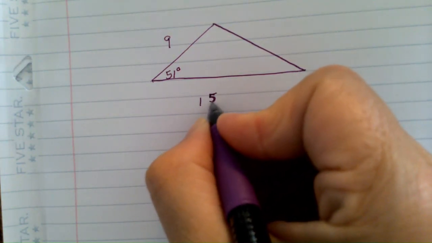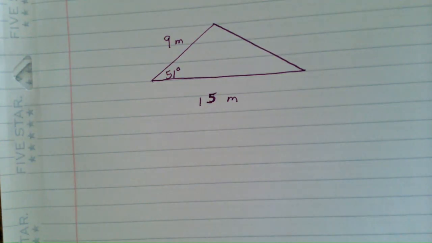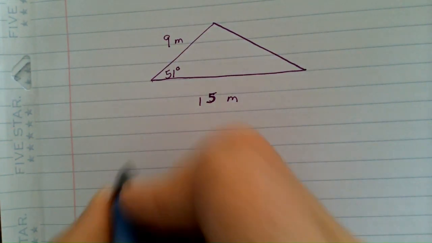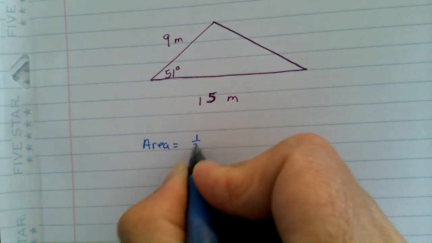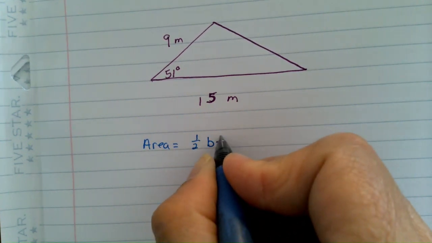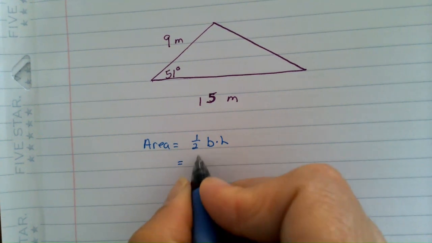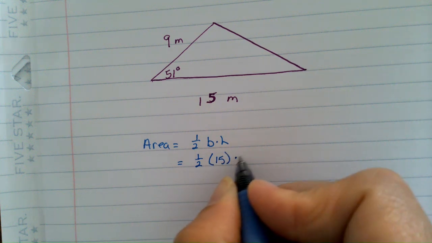That was a really weird 5. And we'll say meters. How could I possibly find the area? We know area equals 1/2 base times height. And we know the base is 15, but we don't know the height.